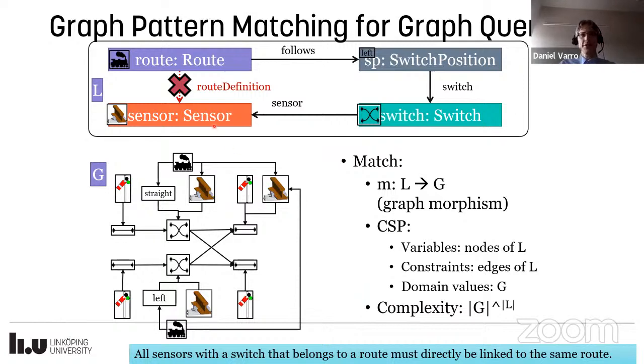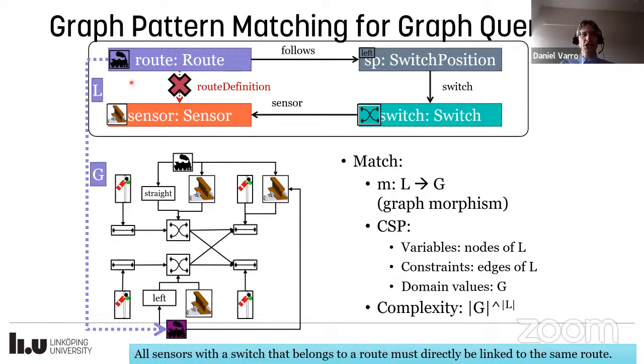Practically, we actually do graph pattern matching for this high-level graph query language. Conceptually, you have, as if, a left-hand side graph of a graph transformation rule, which you wish to find in a host graph. For instance, one constraint would capture that all sensors with a switch that belongs to a route must directly be linked to the same route.